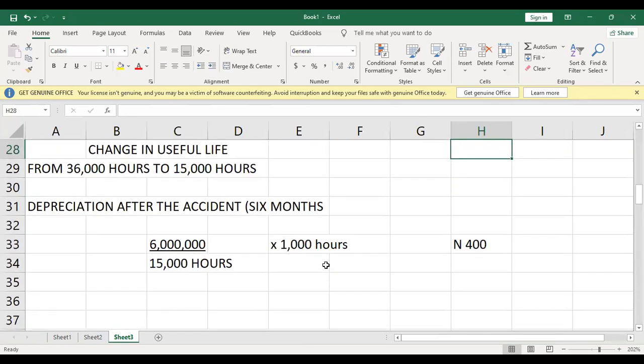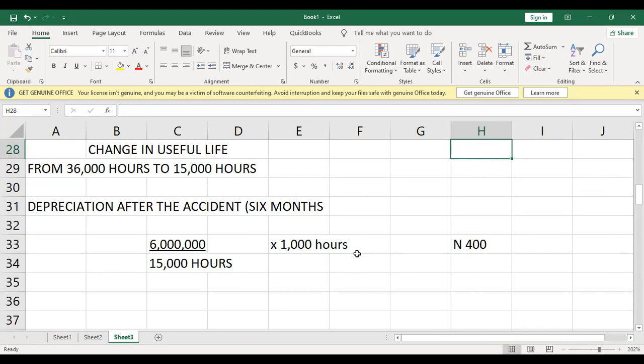The one that was repaired is the old engine, so 6,000.